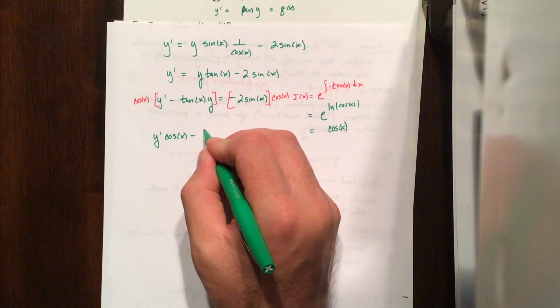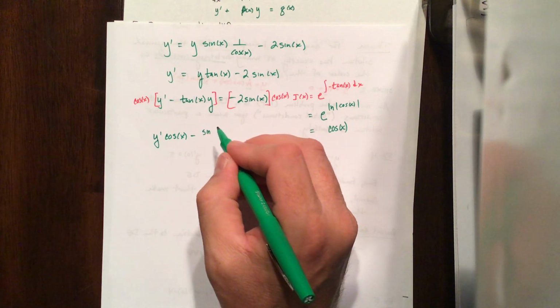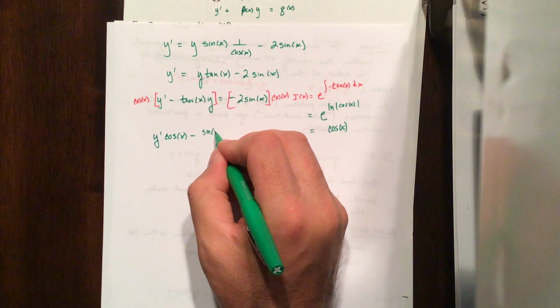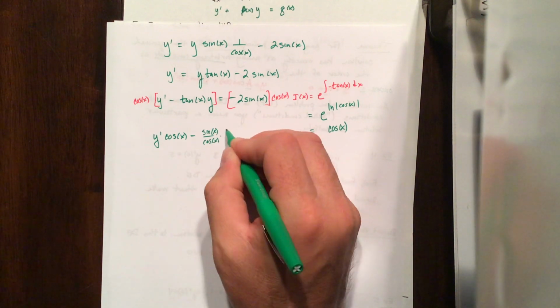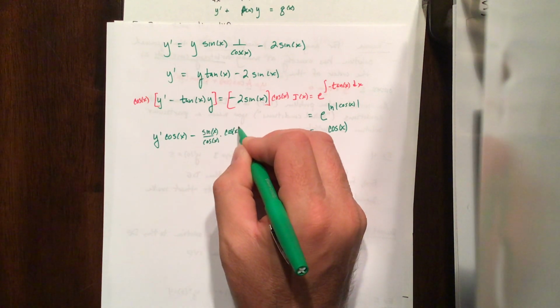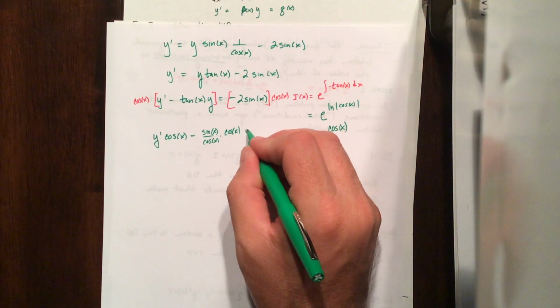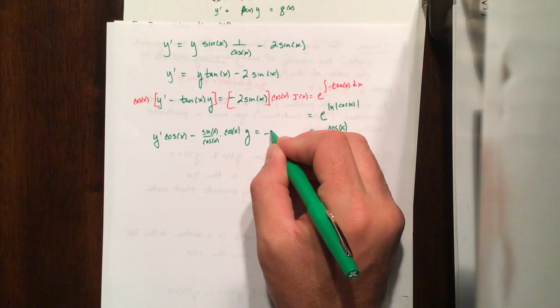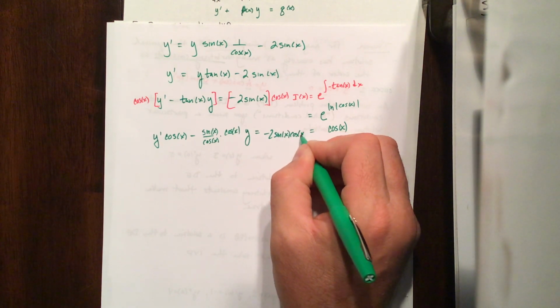So that would be what? Sine x over cosine x times cosine x. So tangent is sine over cosine multiplied by cosine times y, and that equals minus 2 sine x cosine x.